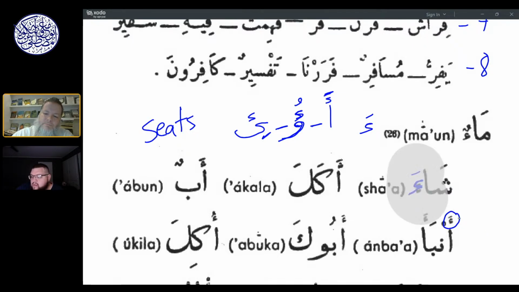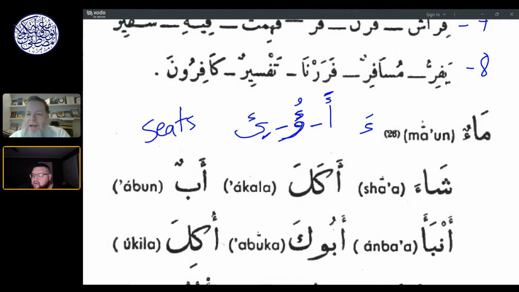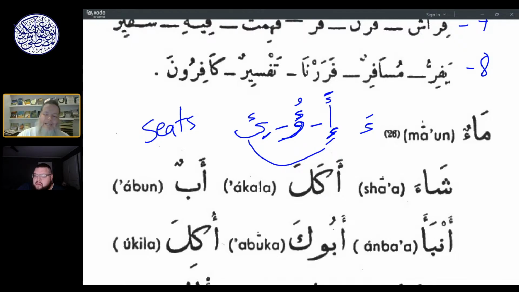What about when the hamza is underneath the aleph? It can be underneath the aleph because there's a kasra on it, so it's underneath because of the i sound.